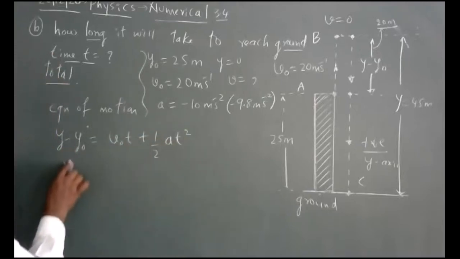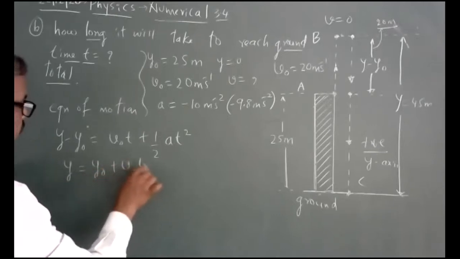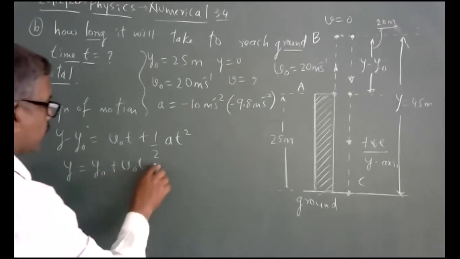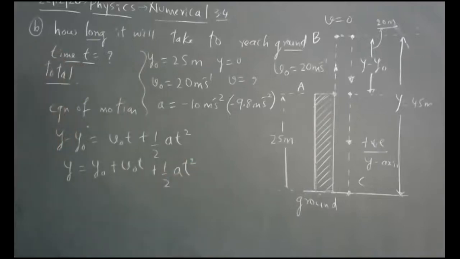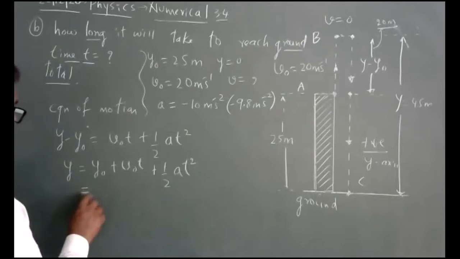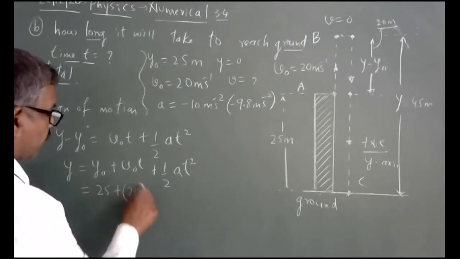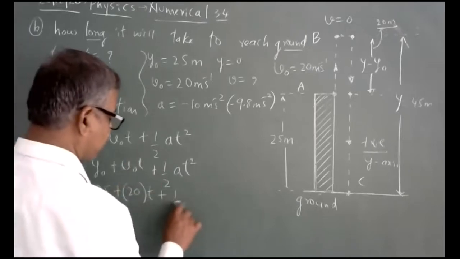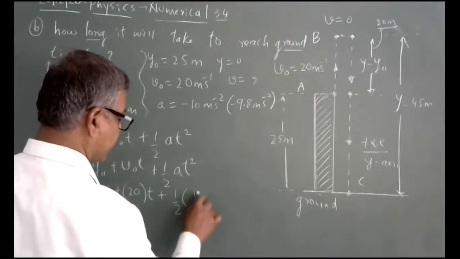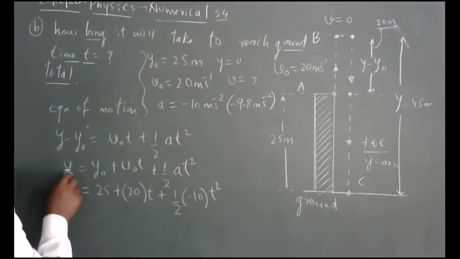This becomes y equal to y naught plus v0 t plus half a t square. Now all the values I will be putting into the equation. This is 25 meter plus initial velocity 20 times t, plus half times acceleration minus 10 times t square. Then of course y, the final position, is 0.